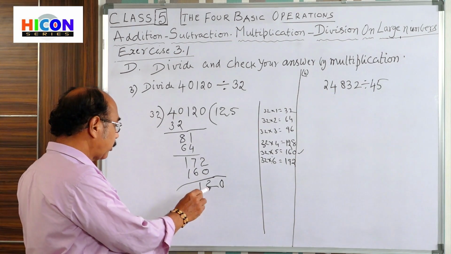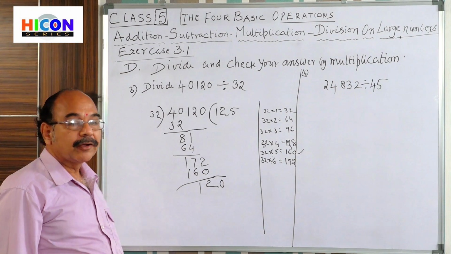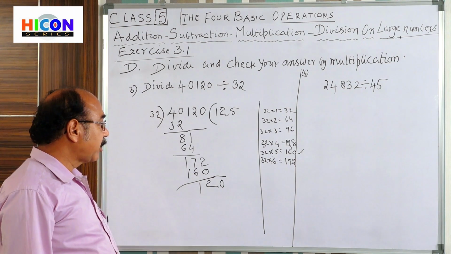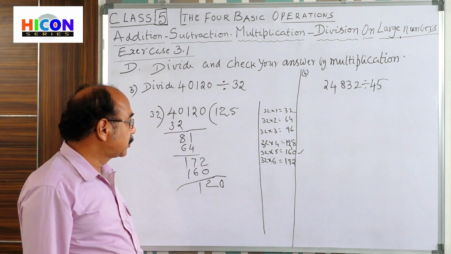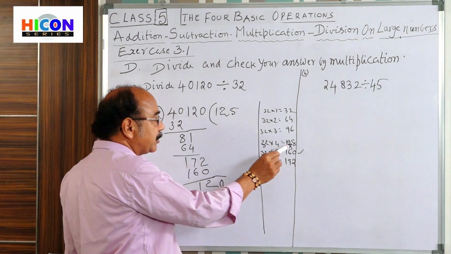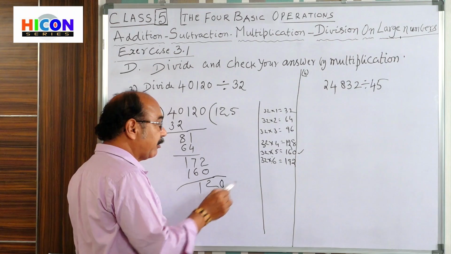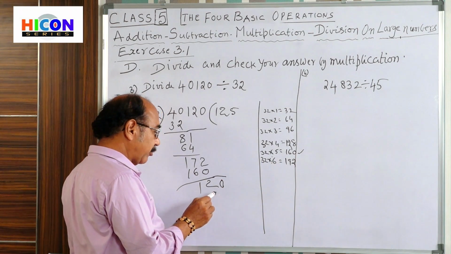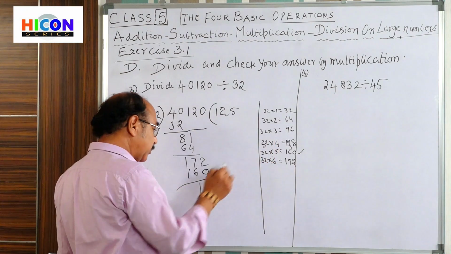In 120, how many times can 32 divide? 32 threes are 96. 32 fours are 128. 128 is bigger than 120, but 96 is less than 120.